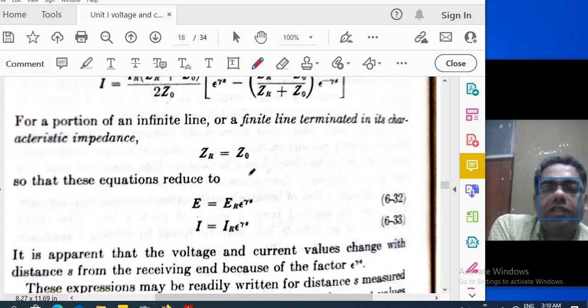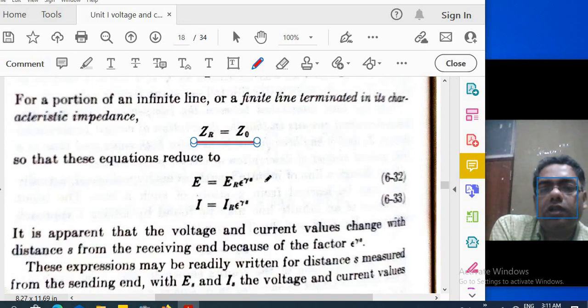In the expressions of E and I, if you substitute ZR equal to Z0, they reduce to just this: E equals ER e to the power gamma s, and I equals IR e to the power gamma s.